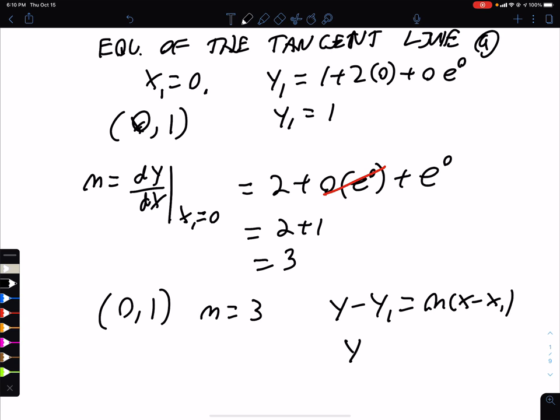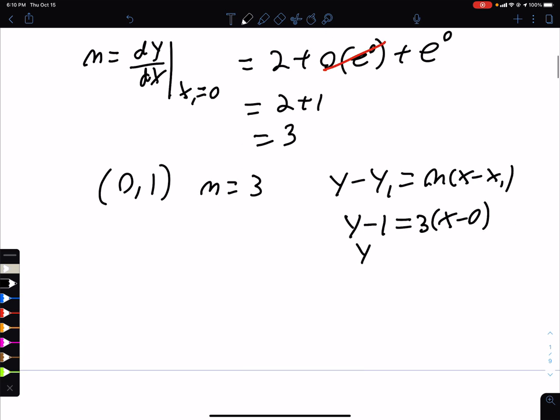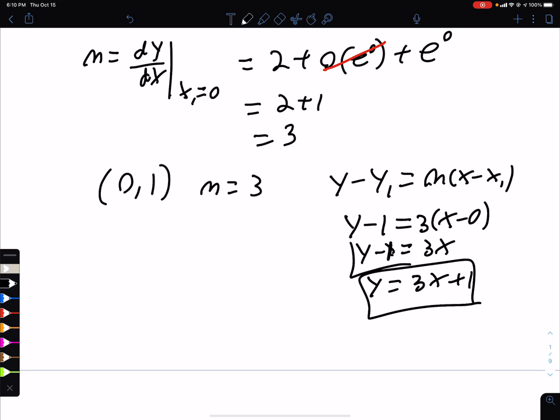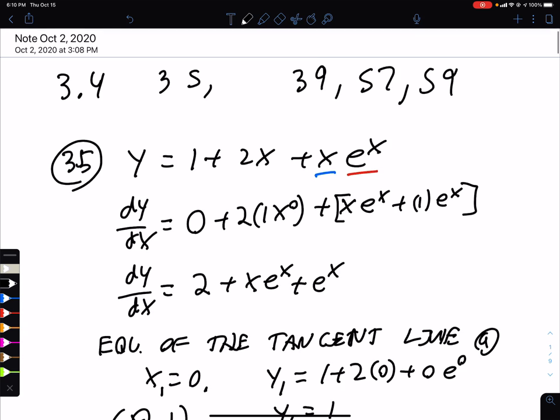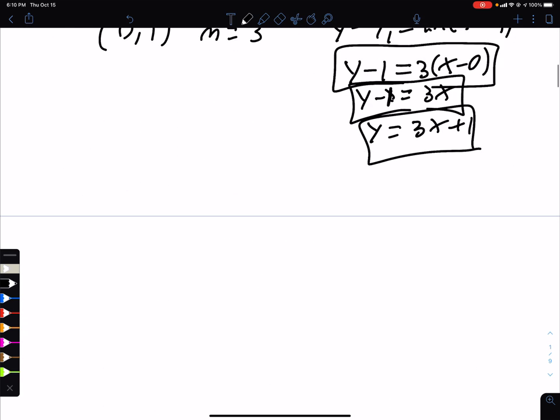And we are done. y minus 1 equals 3 times x minus 0. Now, that answer is fine. You can rewrite it like that. If you want to, you could add 1 to both sides. It doesn't matter. They're all proper, but just realize they're all the same. So that's number 35. We're going to go on to 39.